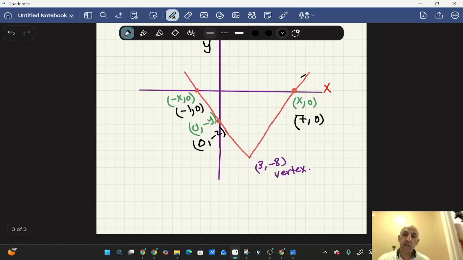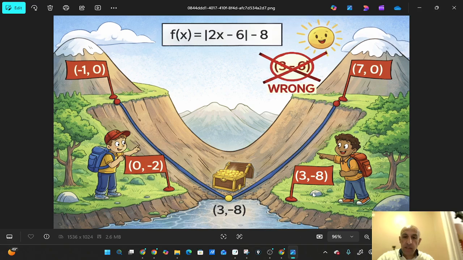So we reach the rough graph for this absolute value. Going back to this drawing, you see this is the vertex, which is 3, negative 8. Here is the 7, 0, which is an x-intercept, and there is another x-intercept, which is negative 1, 0, and here we have 0, negative 2 on the y-axis.